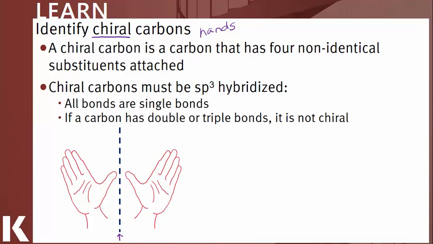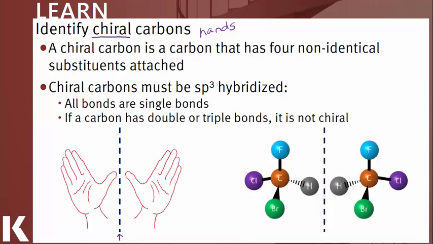So we can look at a molecule as well, just like we looked at our hands. These two carbons are both connected to a fluorine, a chlorine, a bromine, and a hydrogen. And they are mirror images of each other, just like your hands. But again, they're also not superimposable. No matter how I might rotate the one on the left, it will never look like the one on the right.